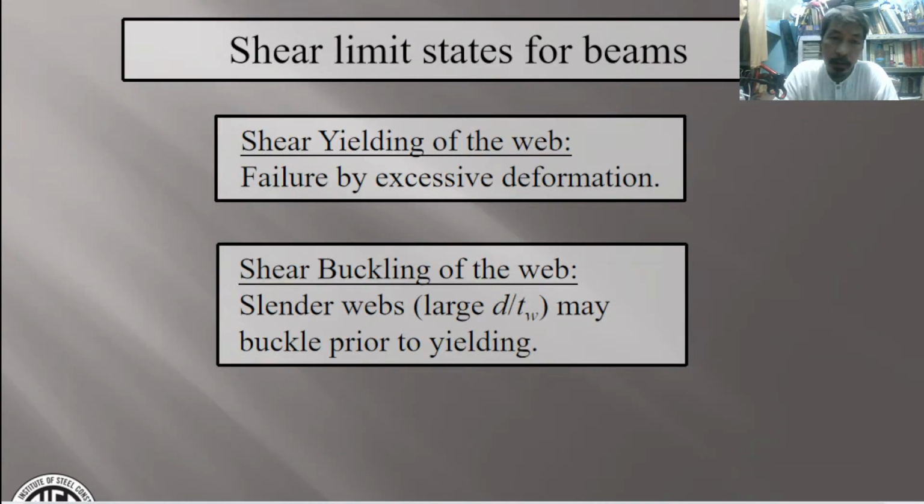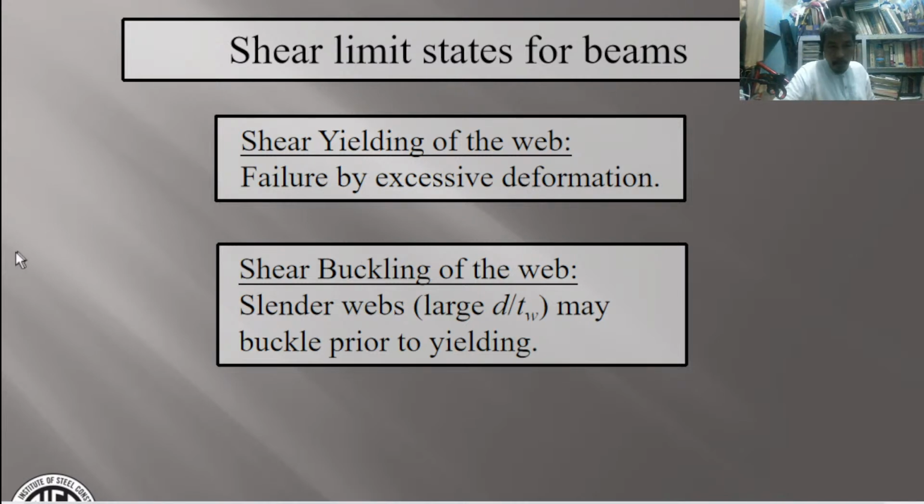Shear strength means shear limit states for beams. So shear yielding of the web is failure by excessive deformation. Shear buckling of the web means slender webs may buckle prior to yielding. If the web buckles first before yielding, this is now the controlling failure mode. But usually it is shear yielding, failure by excessive deformation.